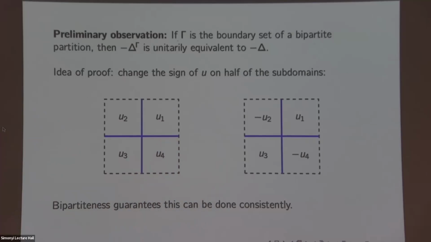And so this unitary transformation is just multiplying by -1 on every other domain in this partition. But again, to be able to do that consistently throughout the entire partition, we need some sort of coherency condition, which is exactly that the complement of this cut set is a bipartite partition.